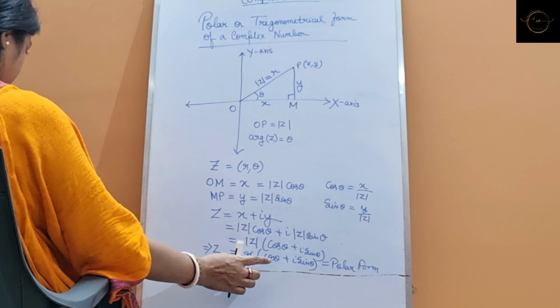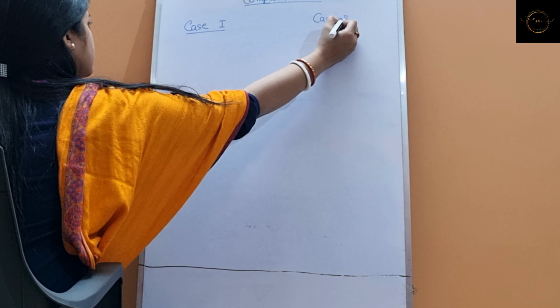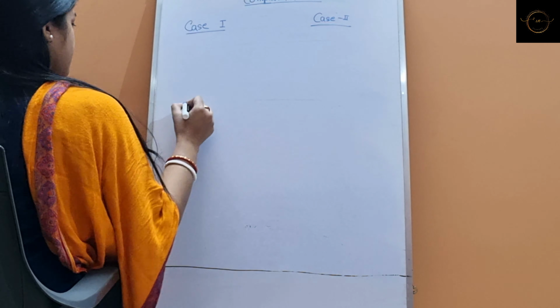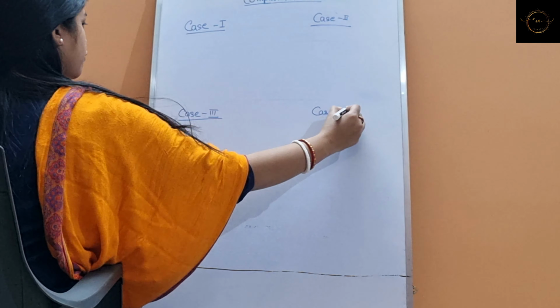So now we will start with finding the principal values. For finding the principal values, there will be four cases: case 1, case 2, case 3, and case 4.